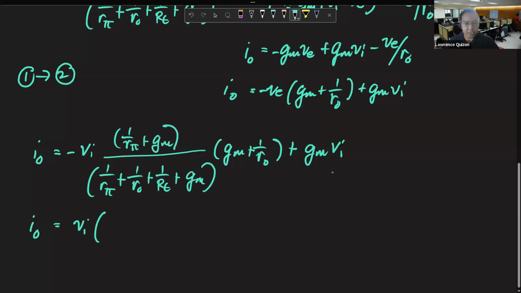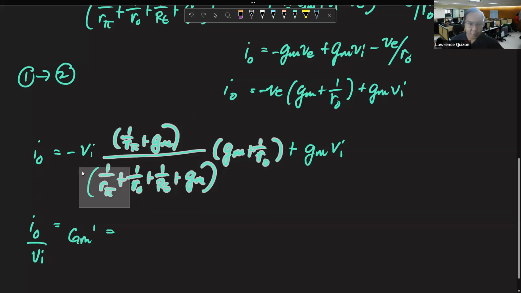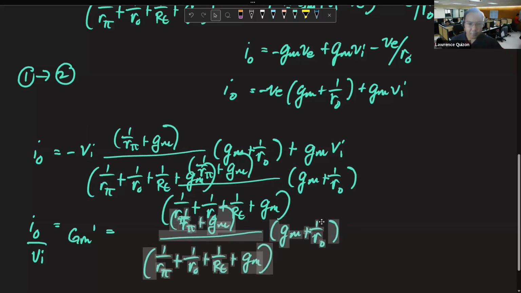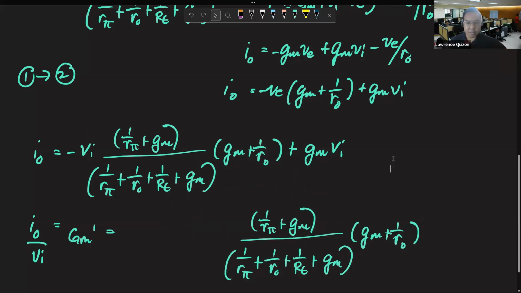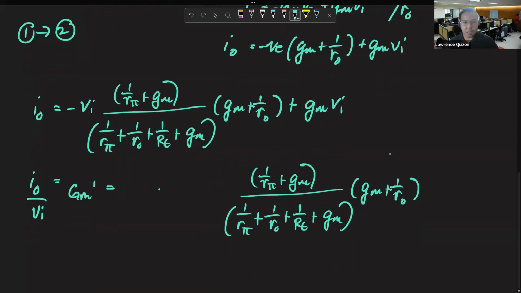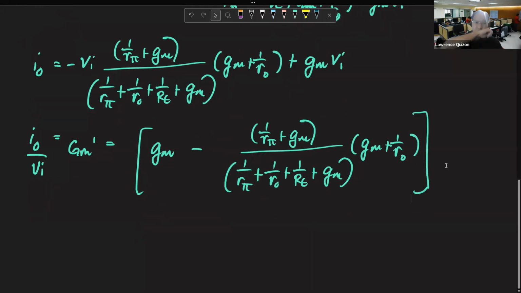So we have V in times, so I out over V in. Okay, sige, let's do I out over V in. Tapos GM prime. And then we get this. So I copy paste that. Then we have GM minus this. Tama? So GM minus that big thing. All right.